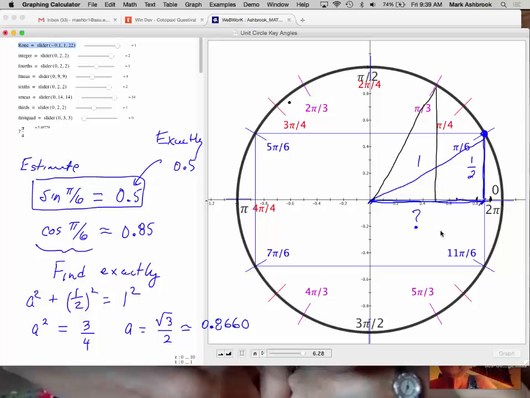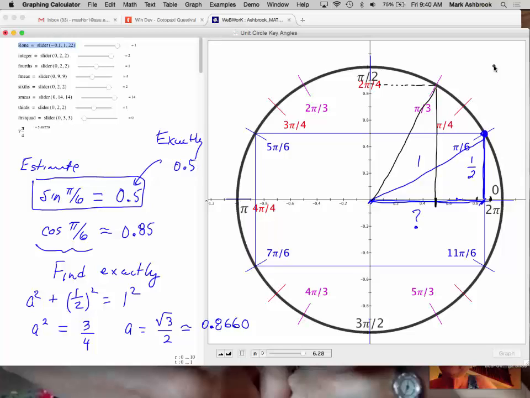What's the cosine of pi over 3 then? 0.5, just like the sine of pi over 6. And so by symmetry, it's the same triangle, and now your y-coordinate, or your sine, is radical 3 over 2, 0.866.